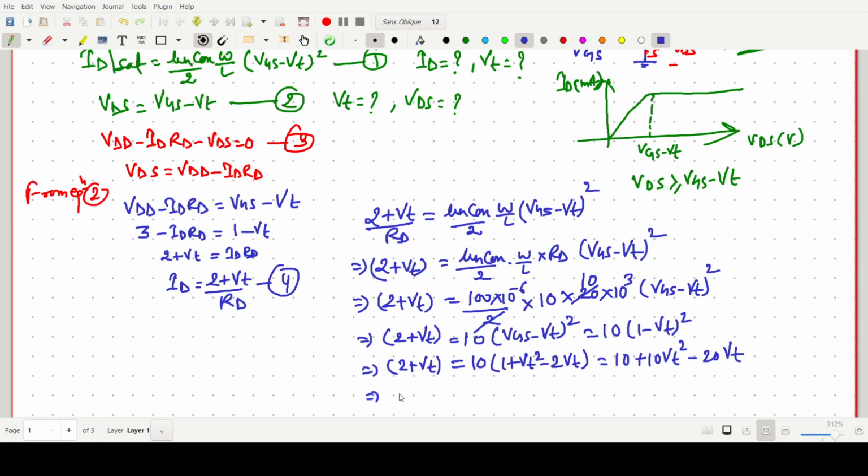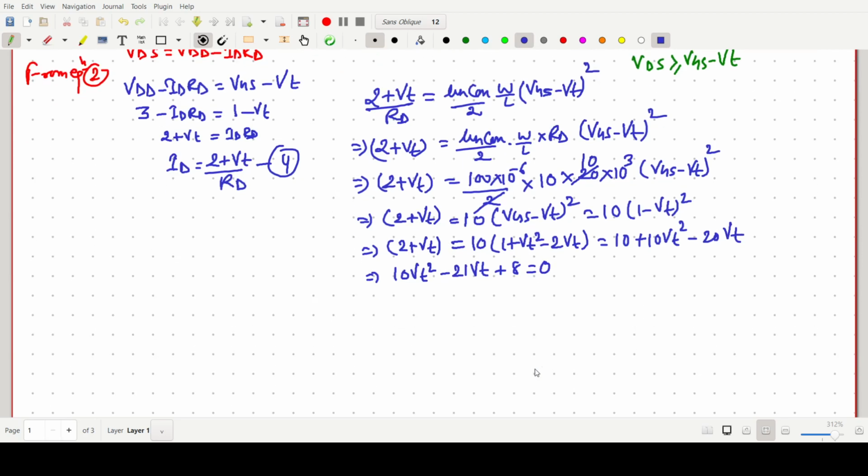Now we solve: 10 Vt square minus 21 Vt, keeping everything on one side, plus 8 equals 0. This is a quadratic equation, so we have to factor it: 10 into 8 is 80, which is 16 into 5, so 10 Vt square minus 16 Vt minus 5 Vt plus 8 equals 0.